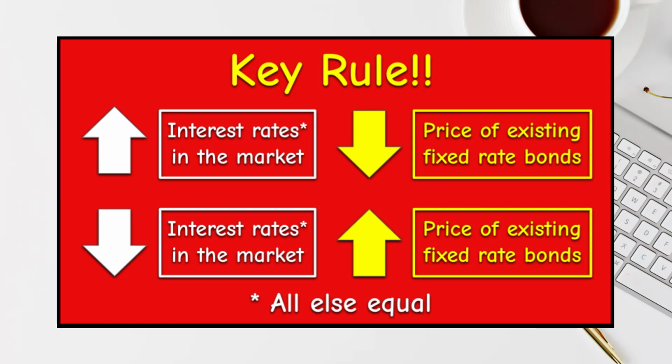Generally speaking, when interest rates in the market go up, the price of existing bonds held by investors will go down. And when interest rates in the market go down, the price for existing bonds held by investors will go up. This rule applies to bonds with a fixed interest rate only, since bonds with a variable interest rate will reflect interest rate changes automatically.